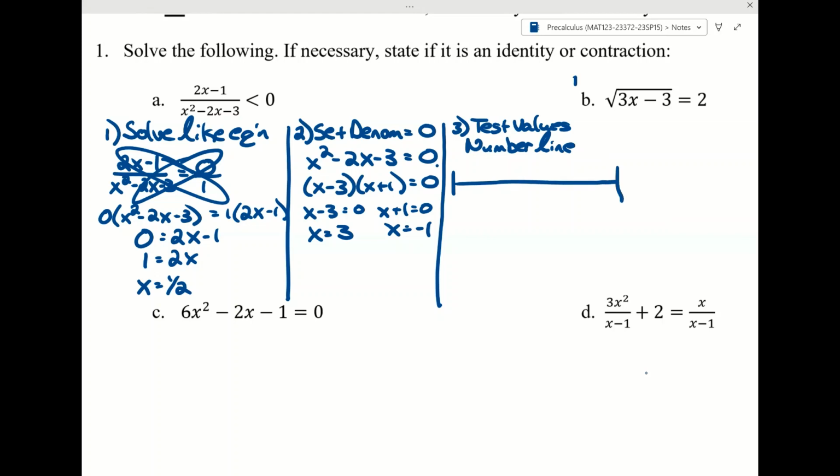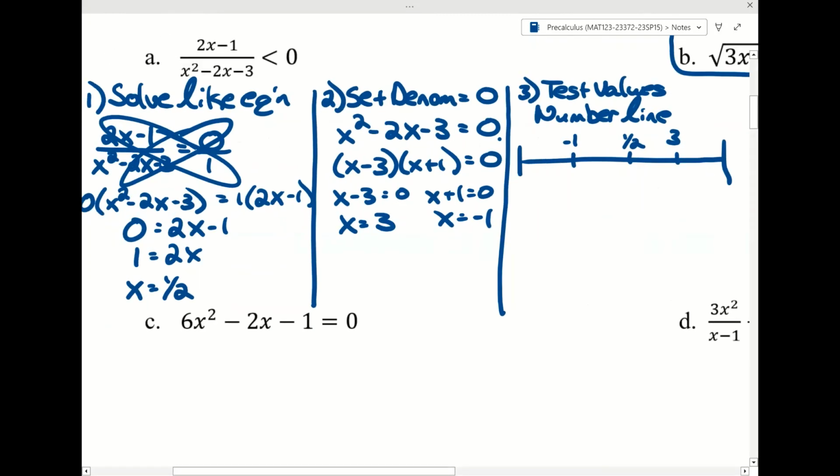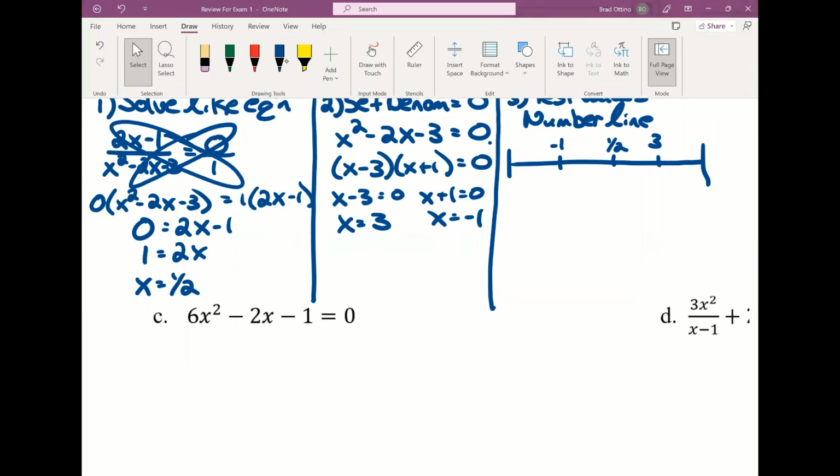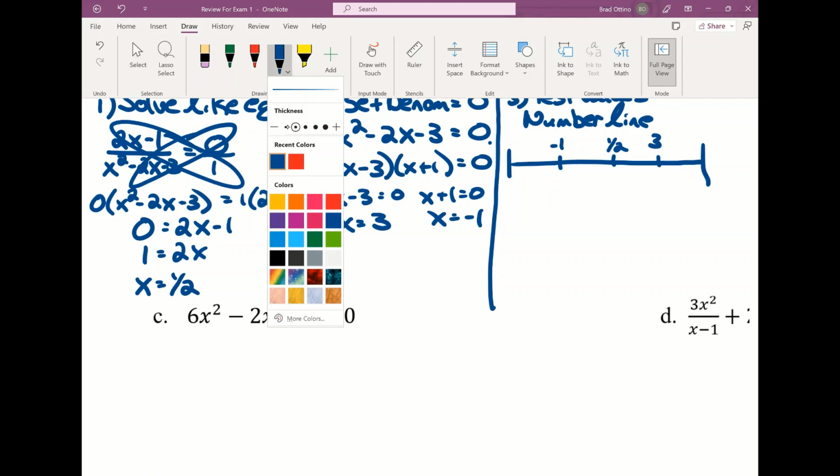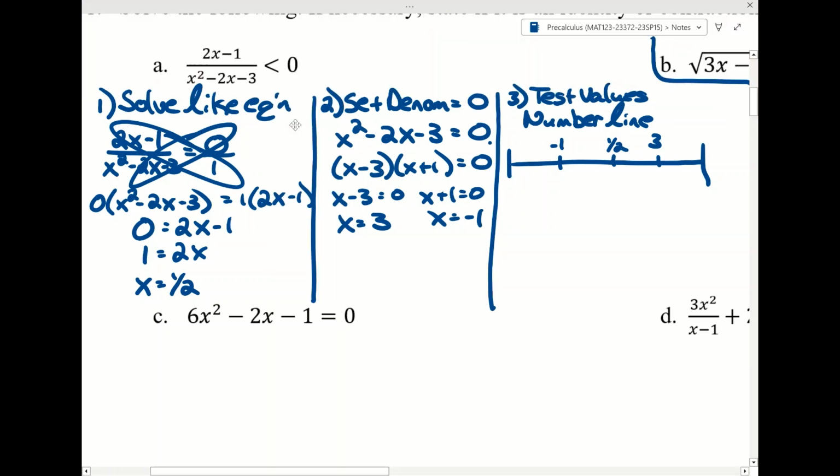The numbers that we have on a number line are -1, 1/2, and 3. So on a number line, this area represents numbers less than -1.